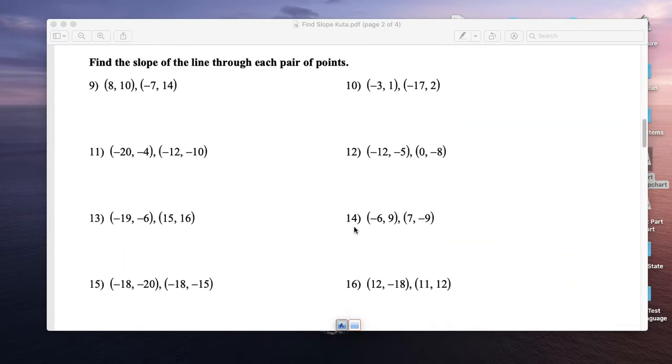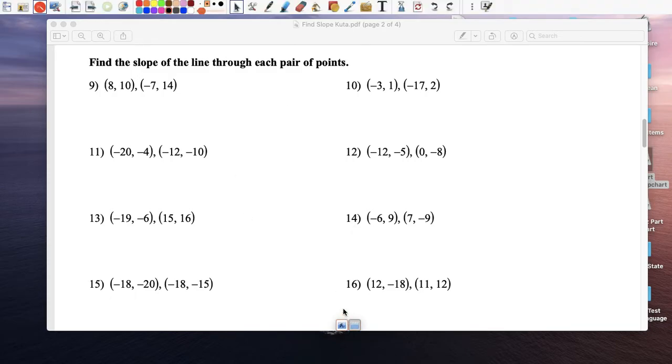For these ones, I have to do it using the formula. For 9 through 16, I have to use y2 minus y1 over x2 minus x1, because I don't have the luxury of looking at a coordinate plane with the line and the two points.